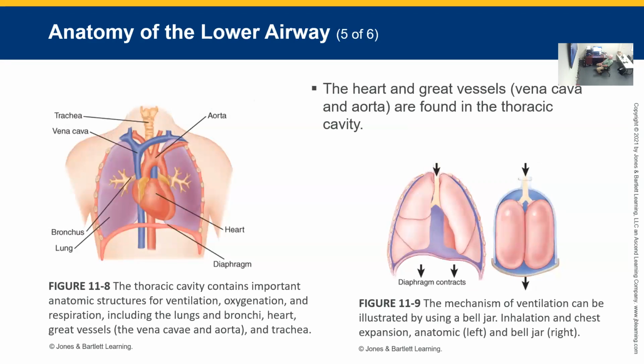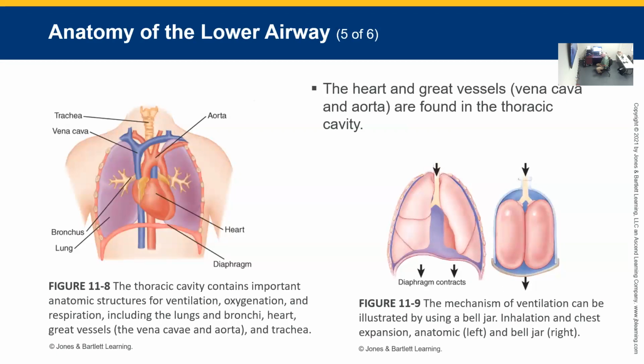As far as the process of breathing, the intercostals move upward and lift up, and the diaphragm contracts downward, and it creates negative pressure. That's where the air actually comes in. The diaphragm is responsible for probably 80 or 85% of the breathing, so you've got to have that muscle. It's a very thick, very important muscle.